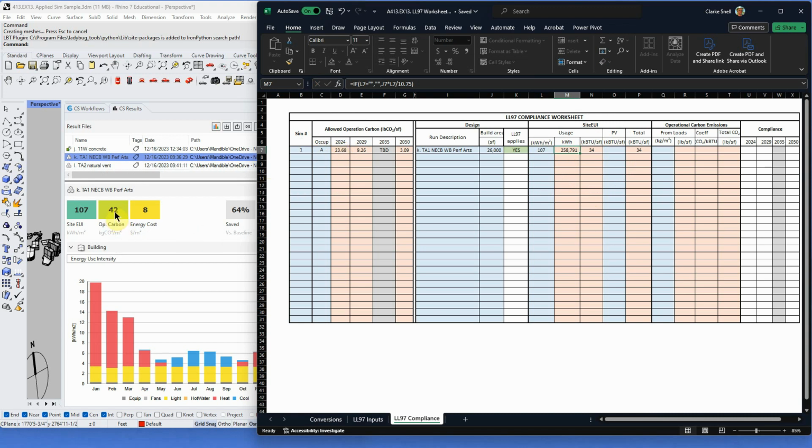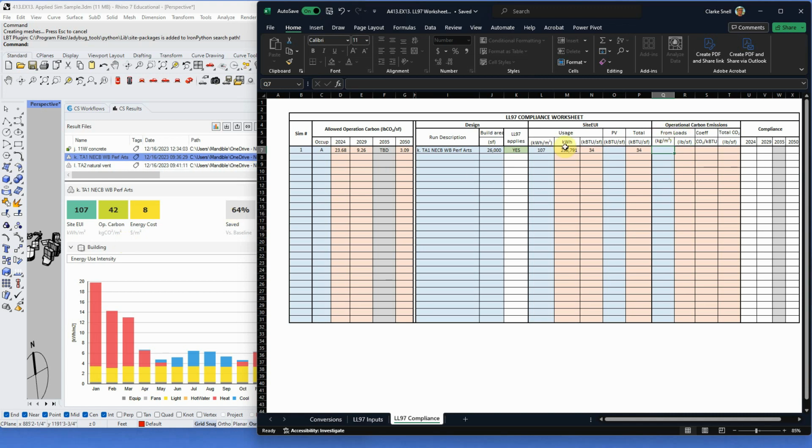Then I'm going to bring in my operational carbon footprint. All that's doing is taking the energy that we're using and converting it to pounds of carbon. And it's doing that in Climate Studio behind the scenes. It's divided up our heating, our cooling, our hot water, and our electricity into different types of fuels that all have different carbon footprints.